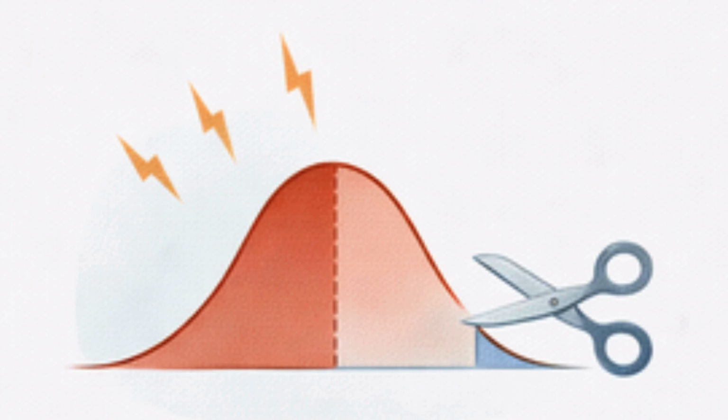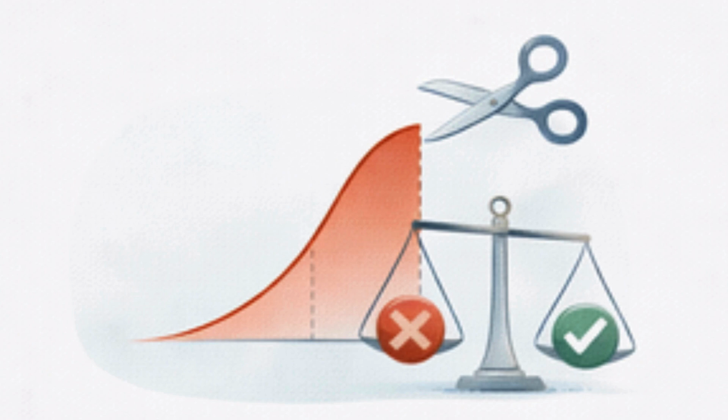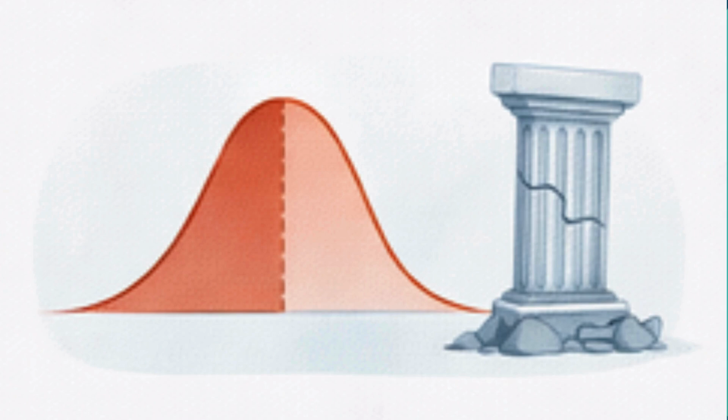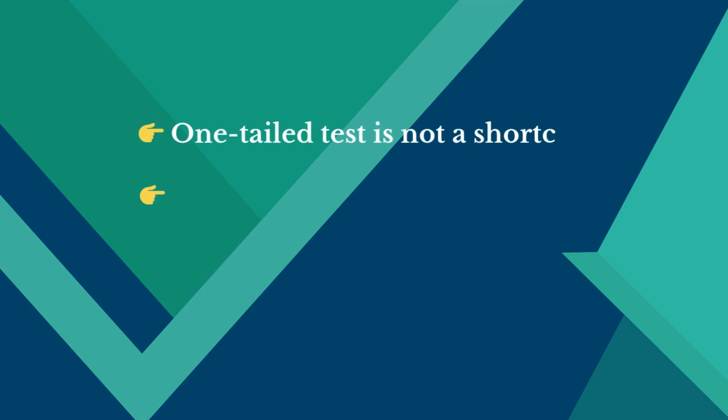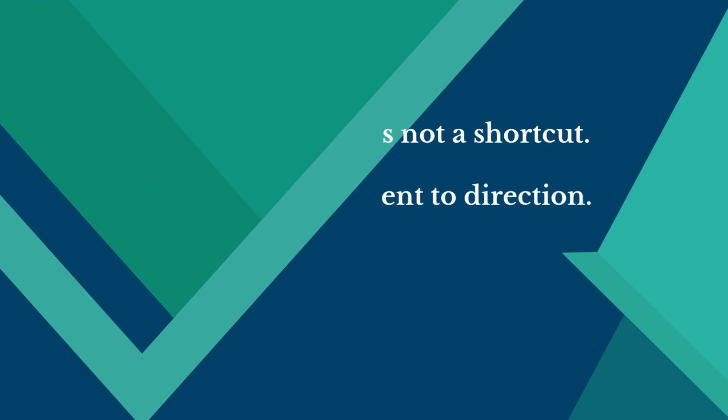And here's a subtle mistake many beginners make, thinking that one-tailed tests are more powerful, so they are always better. Power comes from justified assumptions, not from cutting probability in half. If the assumption is wrong, your conclusion is weaker, not stronger. So remember this rule. A one-tailed test is not a shortcut, it is commitment. Commitment to a direction before data speaks.